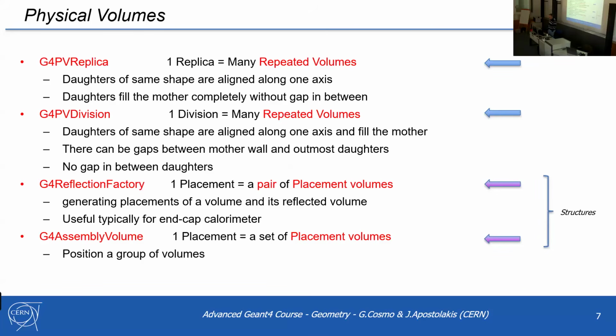So replicas are represented by the class G4PVReplica. As is written here, they represent daughters of the same shape aligned along one axis, and they have the characteristic that the slicing, I mean the division of this volume into daughters, fills completely the mother volume of the replica.